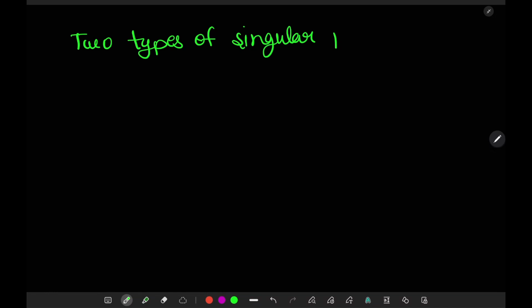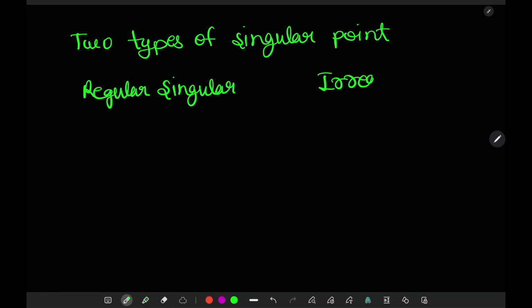There are two types of singular points. First is the regular singular point, and second is the irregular singular point.